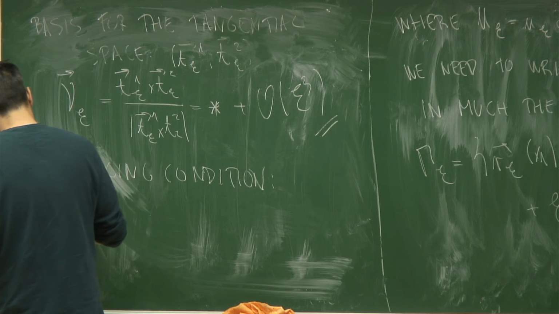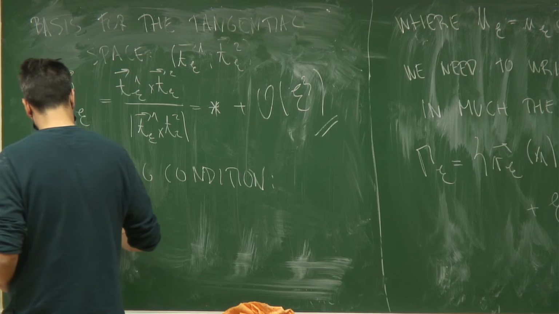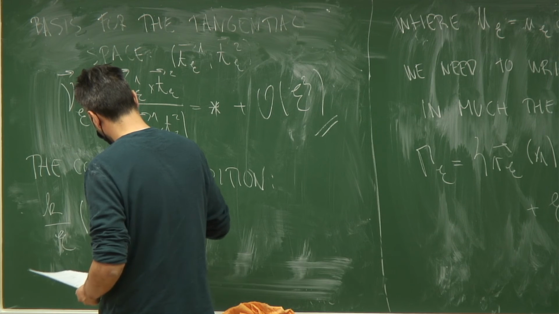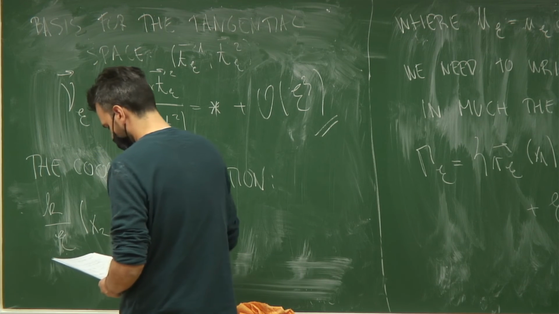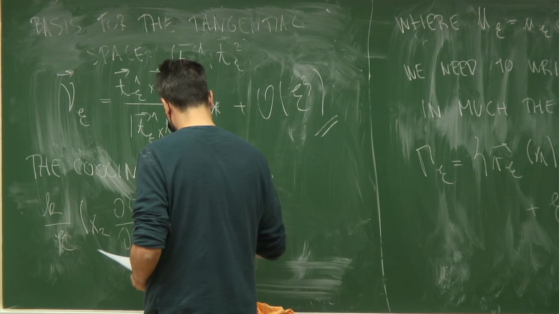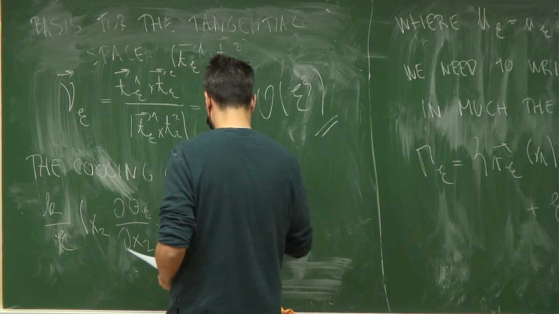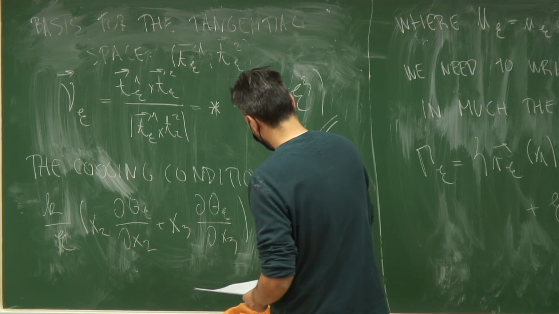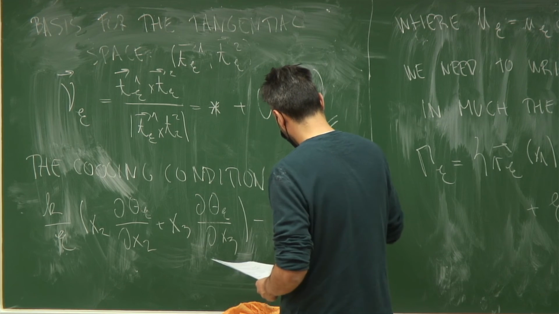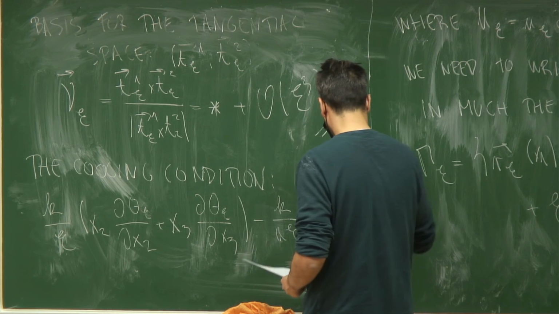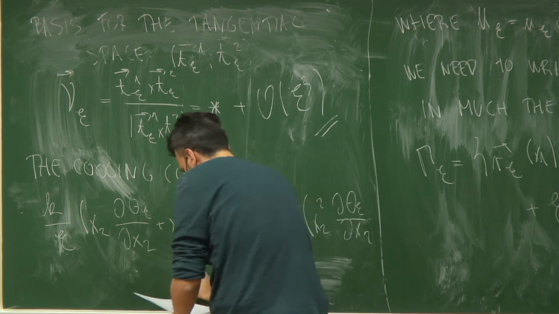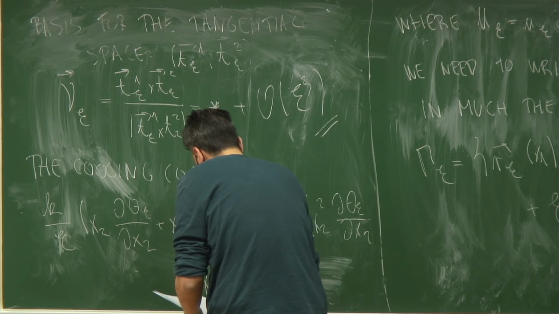So it's K over epsilon x2, derivative over x2 plus x3, minus K over A epsilon x2 squared, x2 plus x2 x3.